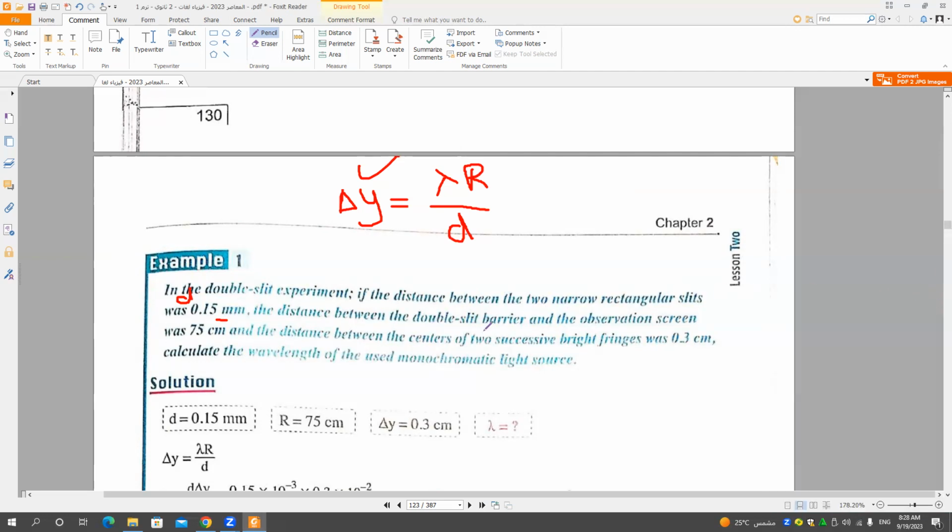And the distance between the double slit barrier and the observable screen equals 75 centimeter.